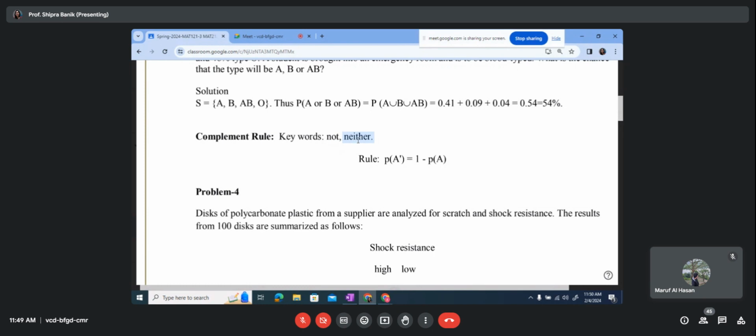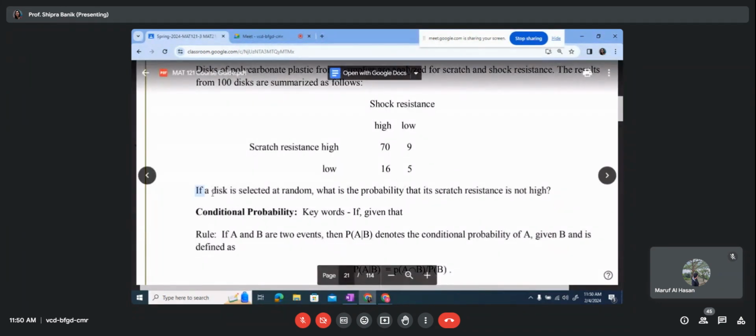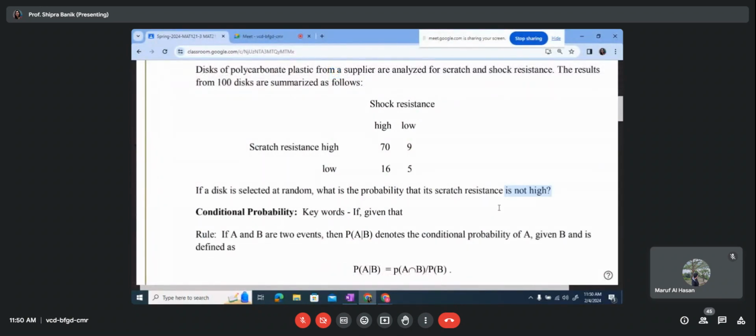Again, some people say neither, some people say neither. Okay, both are fine. And here's the rule. Last class I tried to define it: probability of A complement equals 1 minus P. So this is also fine. You have done it. You can see that the math is not high. That means you're talking about the low part, is it? Is this okay? Complement law and addition law we have already used.